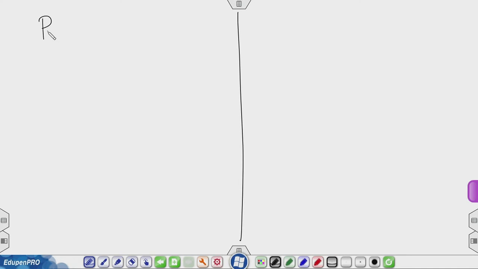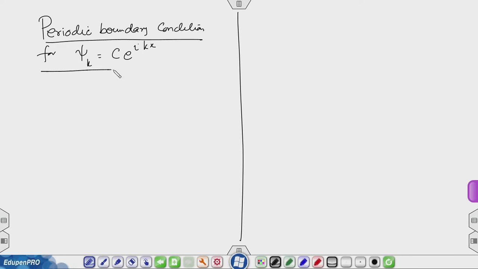So, we are dealing with periodic boundary condition for ψ_k = c e^{ikx}. And again, it is a mathematical device, mathematical method of dealing with such states where k otherwise would be continuous. So, what I demand is that ψ_k(x+L) be equal to ψ_k(x).